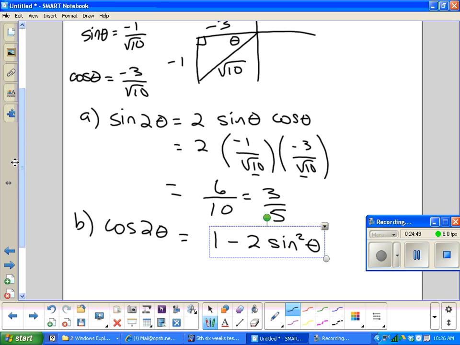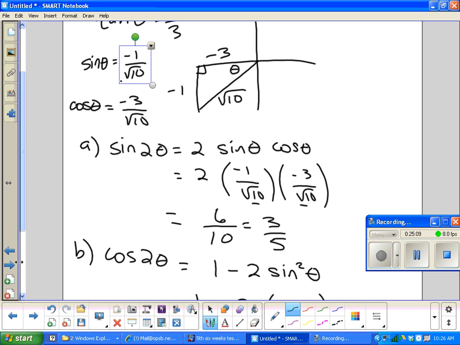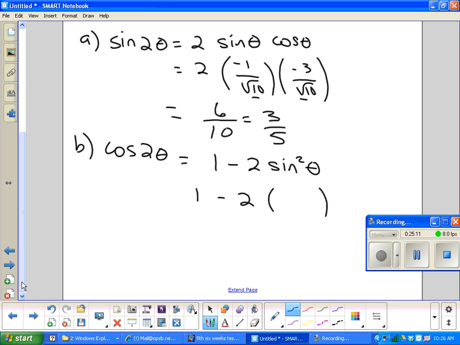So now let's plug in. We'll say 1 minus 2 times, and now let's square the sine ratio. So there's the sine ratio. When you square -1, you just get 1, and when you square the square root of 10, it's just 10. So it'll just be 1 over 10.